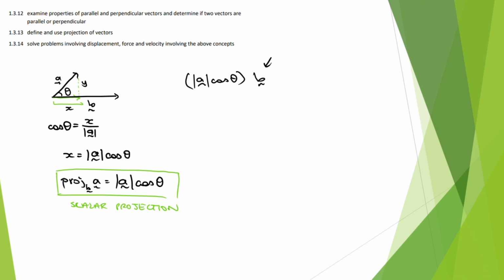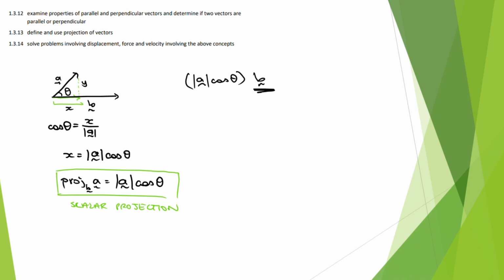The magnitude of B will actually influence the magnitude of that vector, right? So what we actually need to do to get a vector in the direction of B with this magnitude, we need to find a vector in the direction of B that has a magnitude of 1. Because if it has a magnitude of 1, and we multiply that by a scalar multiple of this value, then I will get a vector in the direction of B with this magnitude, and that's what I want.